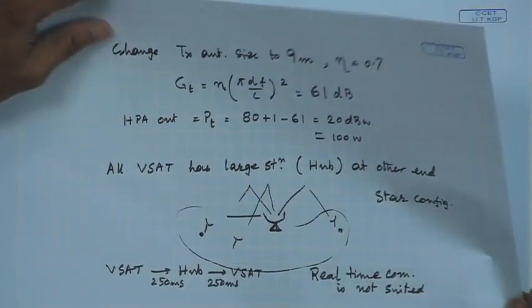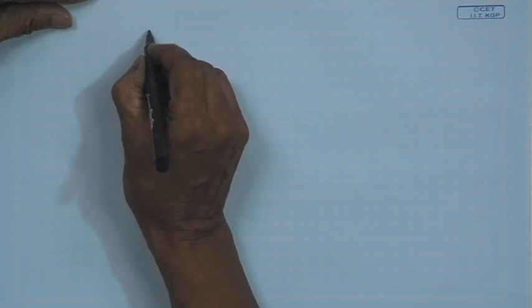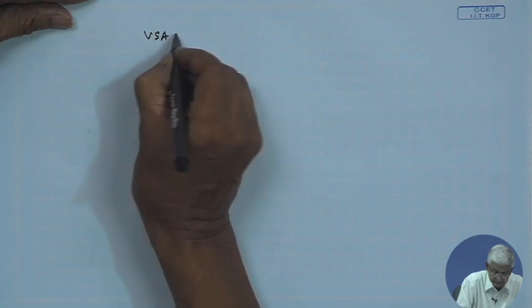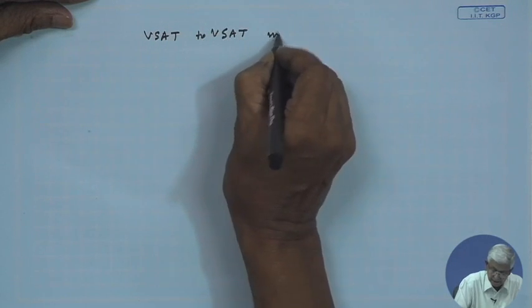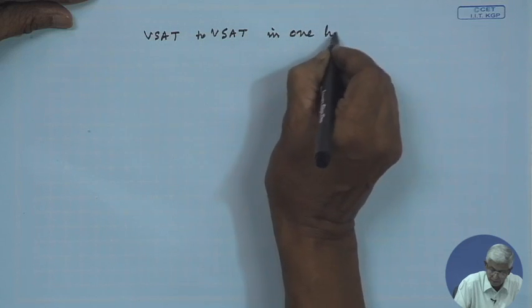That is why it is used in the ATM, that is the bank transaction or commercial transaction, where data communication is taking place. Then, people try to do real time communication with a larger type of antenna in the VSAT, and it is possible to go VSAT to VSAT in one hop.